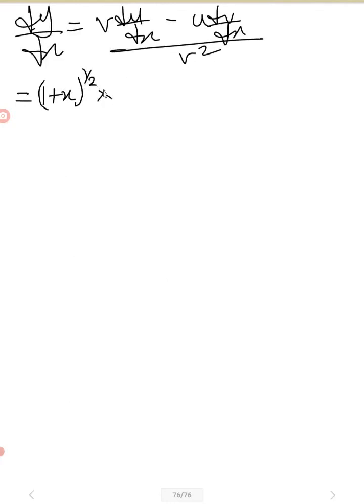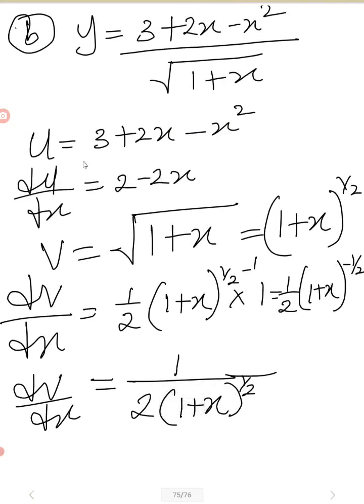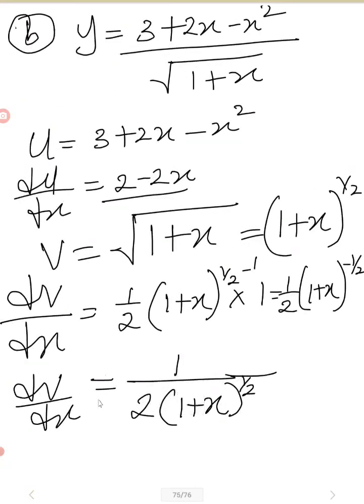We have to be careful, just step by step, so we can get it better together. So du dx, which is this, 2 minus 2x, that is du dx, 2 minus 2x, minus, now what is the value of u? 3 plus 2x minus s squared.